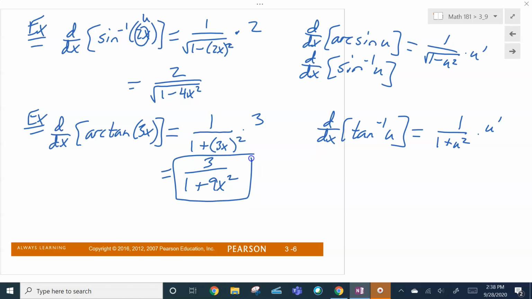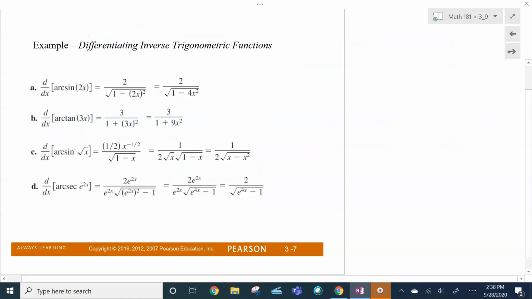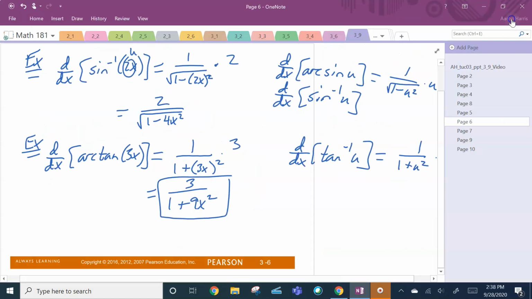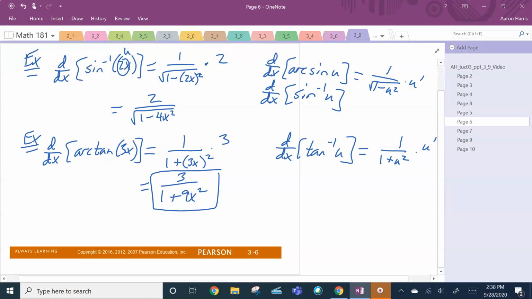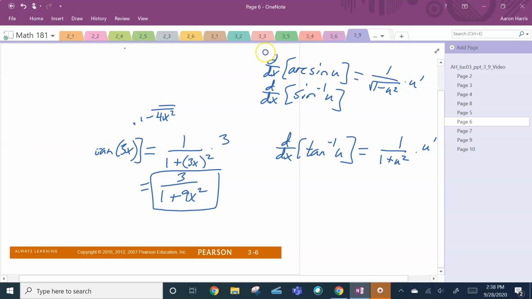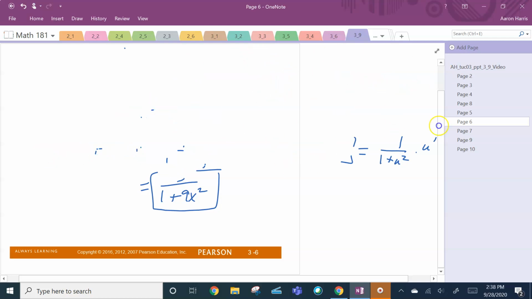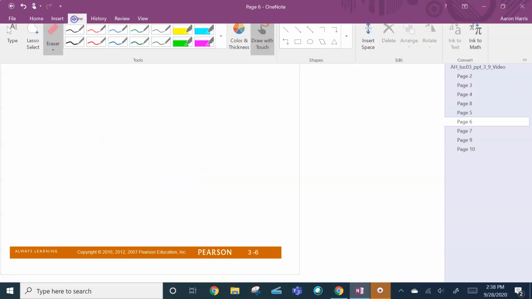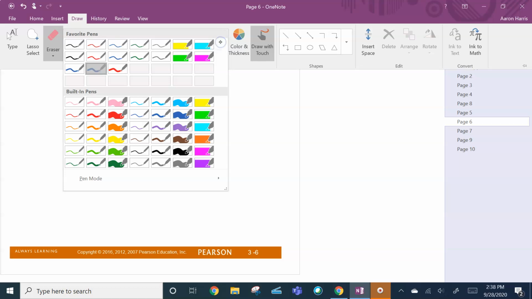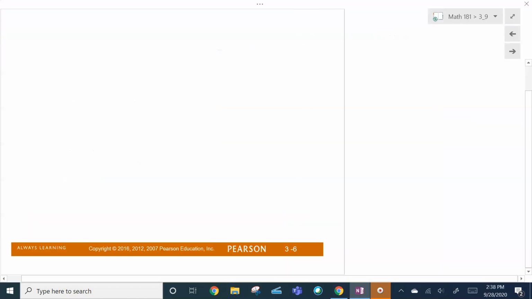Okay. Let's do some more here. Whoops. Looks like I better erase this. Let's do the derivative of the arc sine of root x.